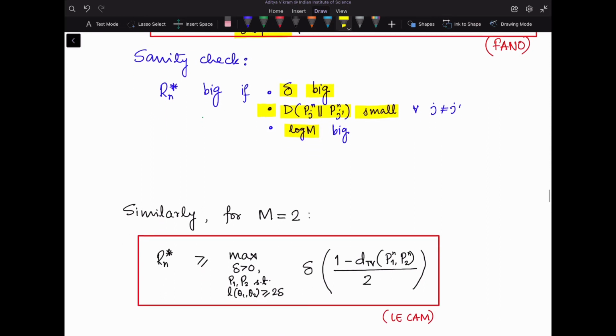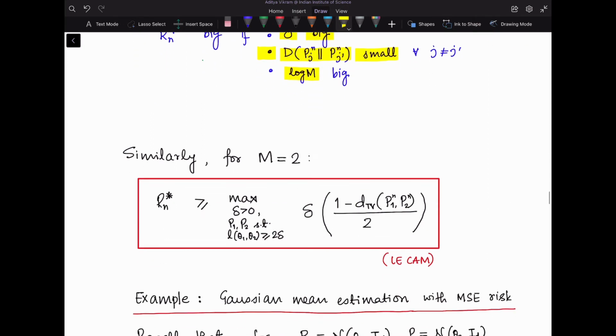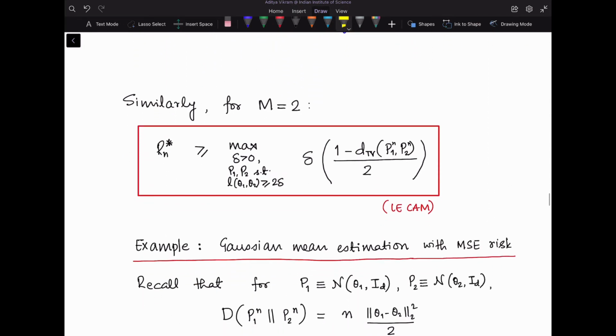Okay, so now we can do a similar thing for m equals 2. M equals 2 means you just set up a binary hypothesis testing problem and solve it using your estimator. In that case, this thing is the fundamental limit on the probability of error, and so we obtain this lower bound, which is known as Le Cam's lower bound.